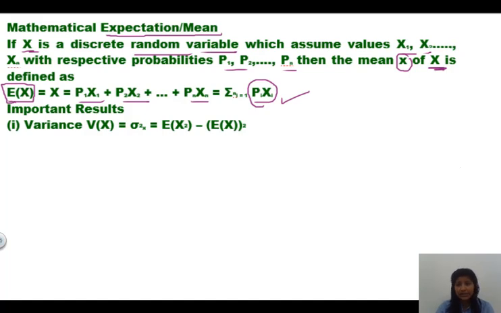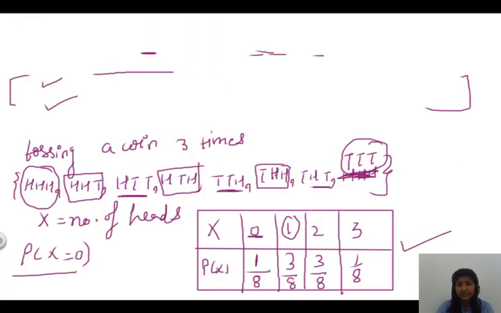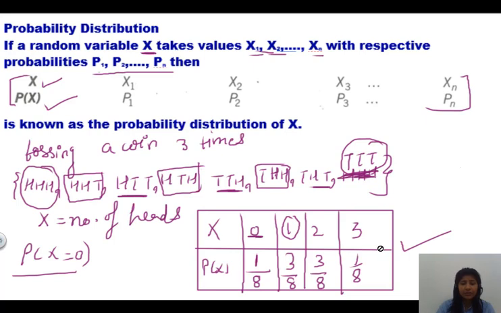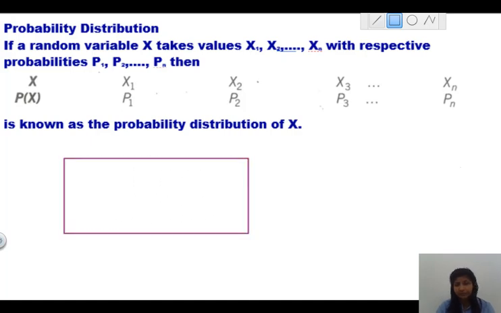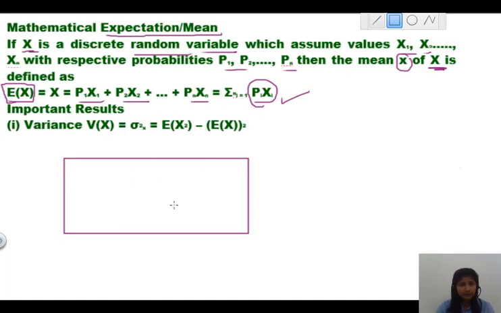Now, as I showed you the table in the previous example, let us write that table again. I'll draw out the rows and columns.